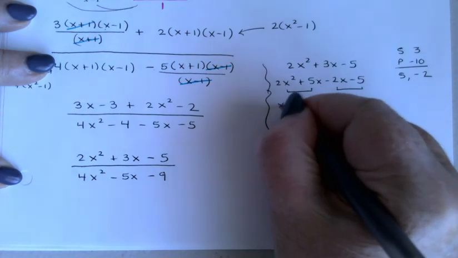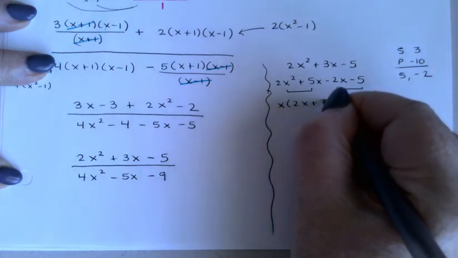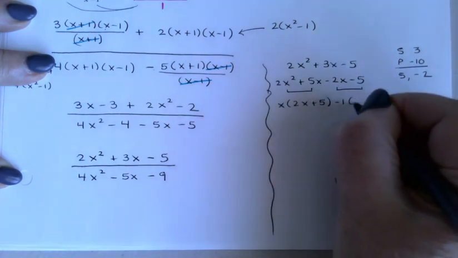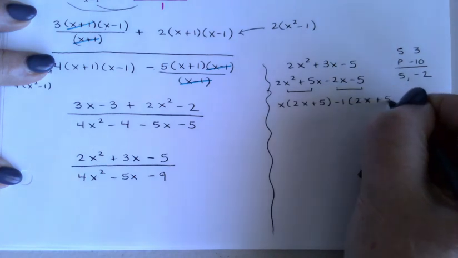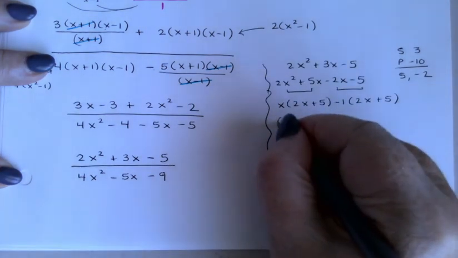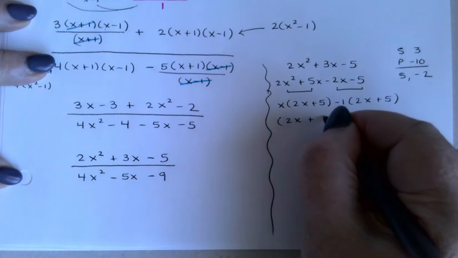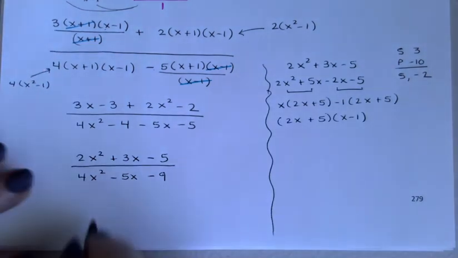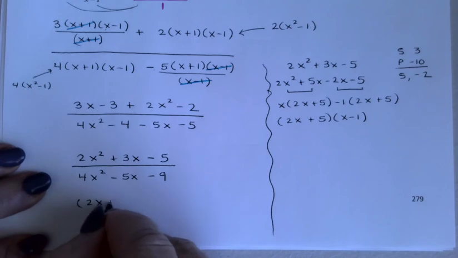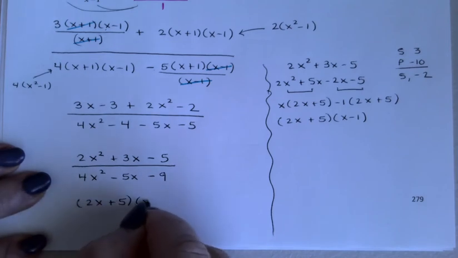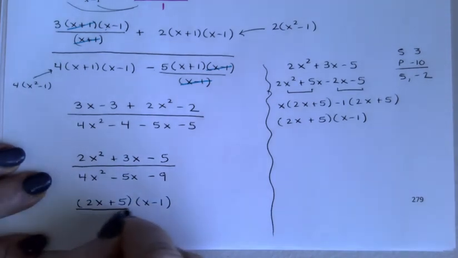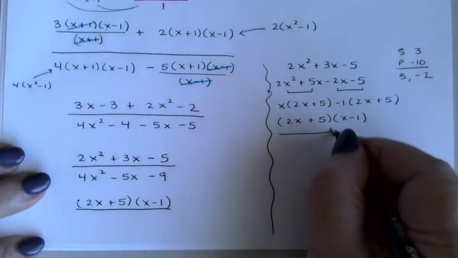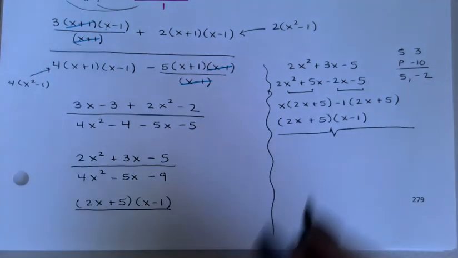Factoring out an x will make 2x plus 5, and factoring out a negative 1 will also make 2x plus 5. So 2x plus 5 times x minus 1 on the top. Denominator?